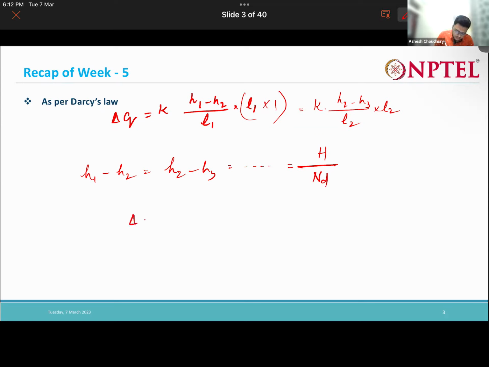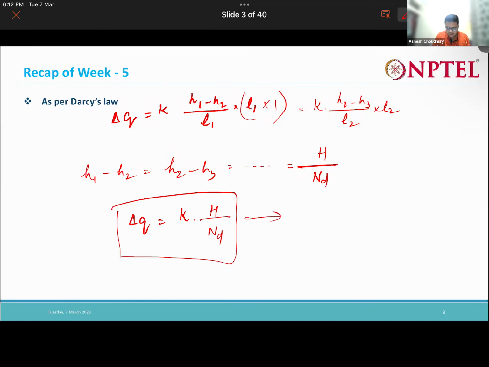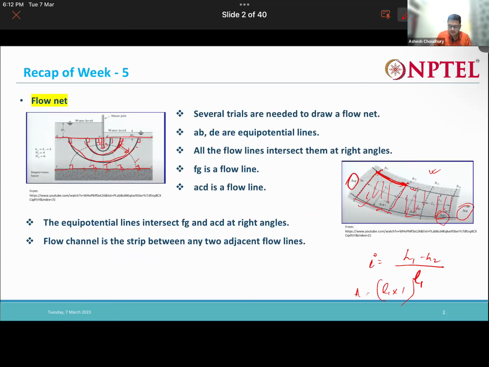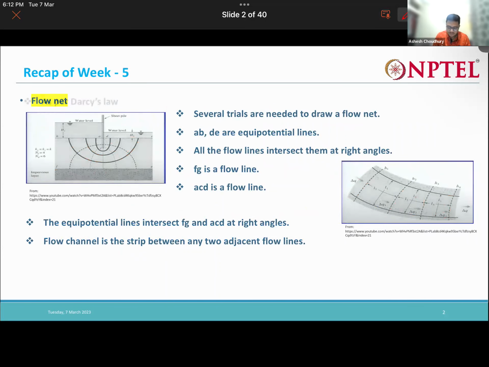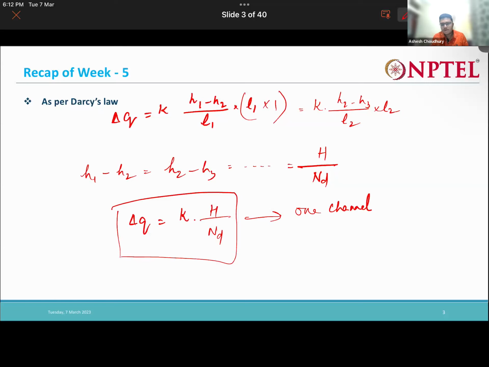So what can we write? You can write del Q is equal to K into H by ND, as the lengths get cancelled out. So this is the flow that is occurring through one flow channel. Okay, there are a number of flow channels.